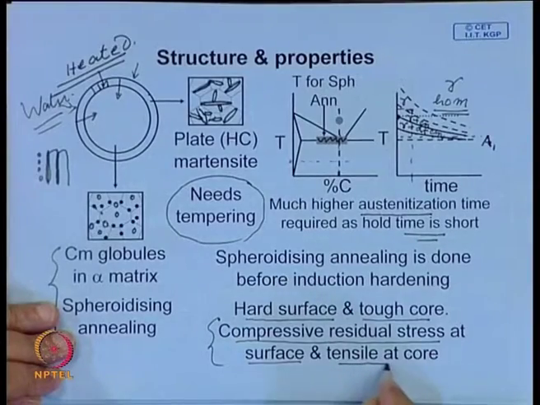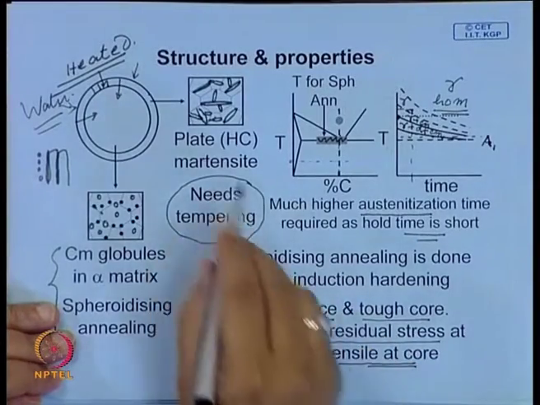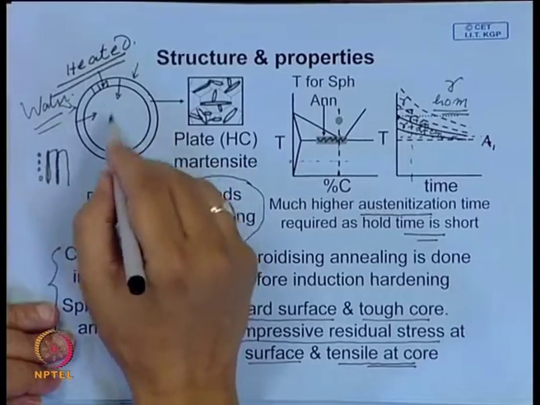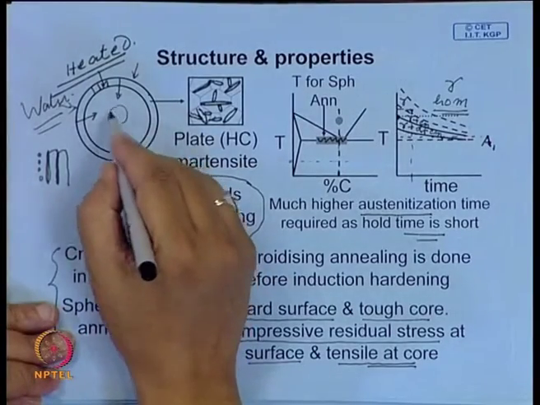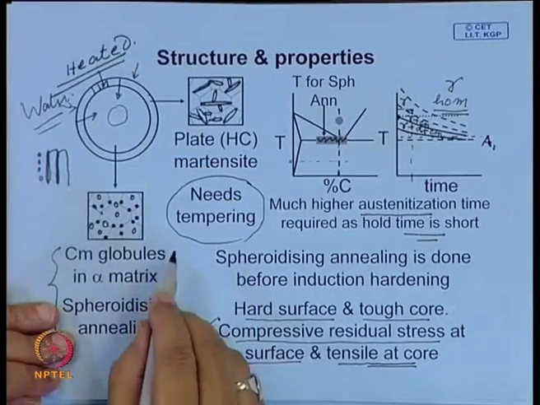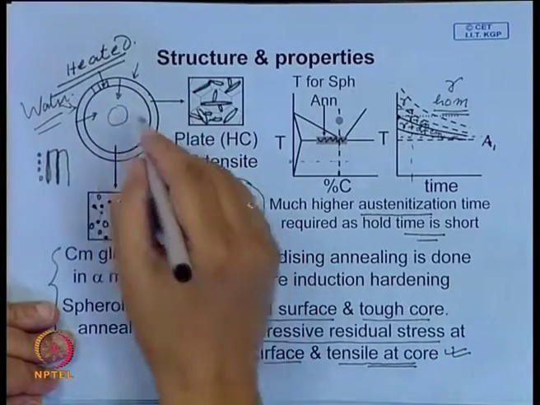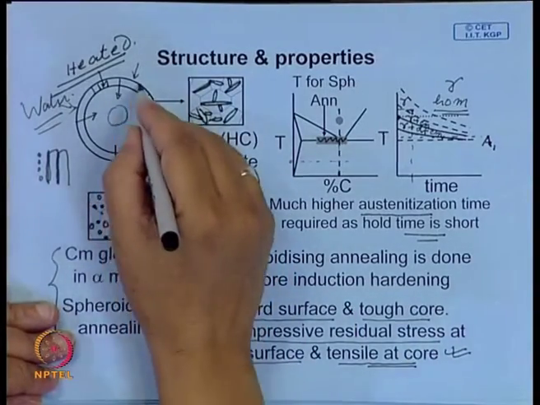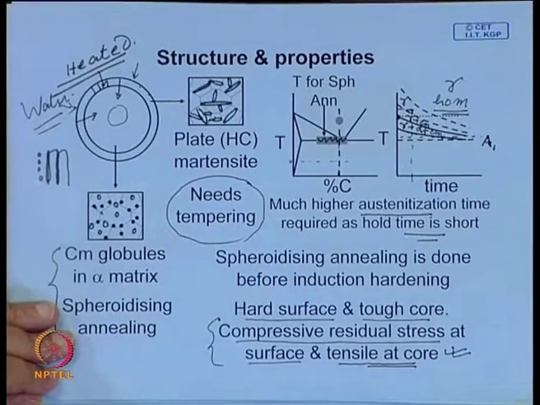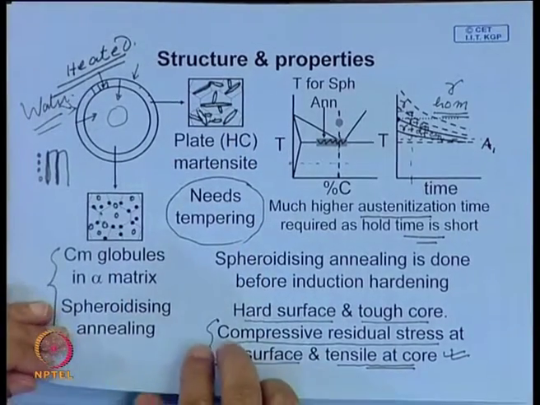In the core there will be tensile stress, and in components like shafts the core stresses will be very low. So, you can afford to have a little tensile stress at the core, but not at the surface, because the surface is the most highly stressed part of the component.